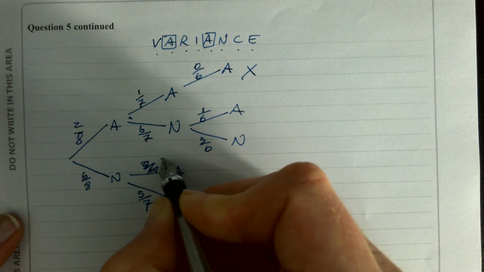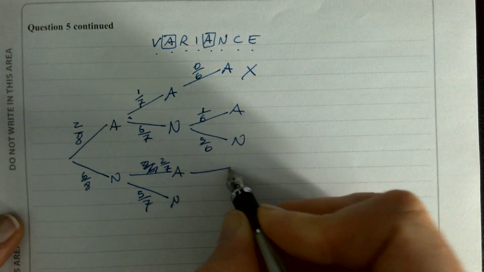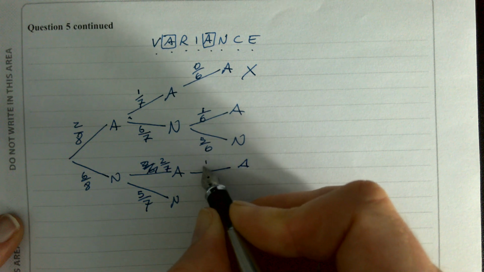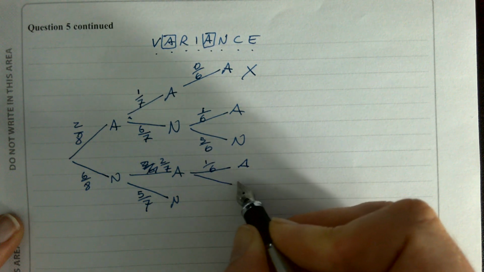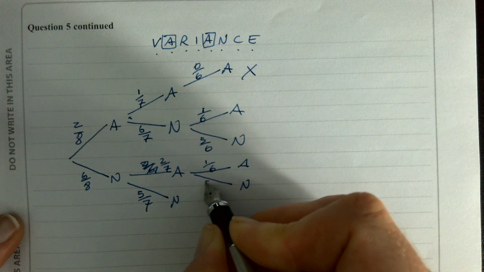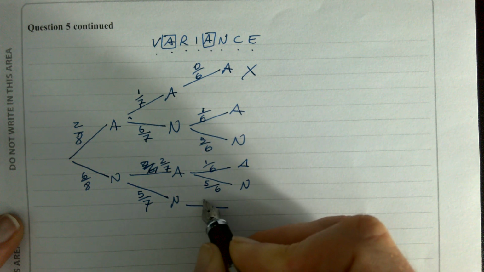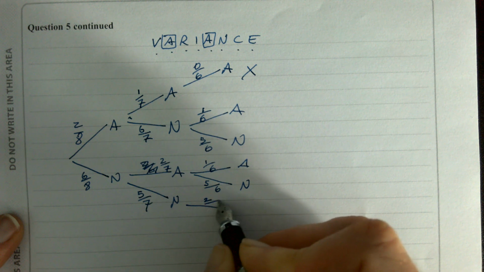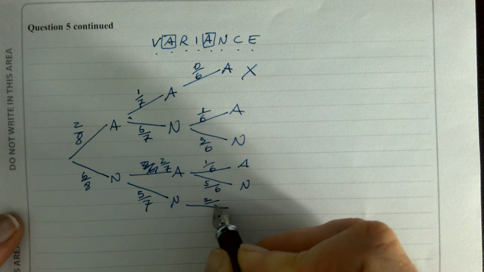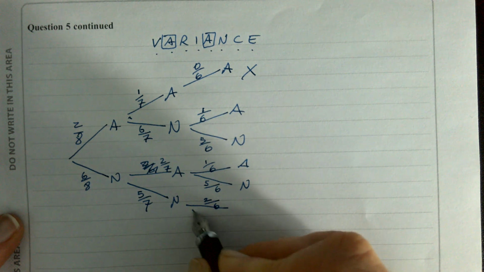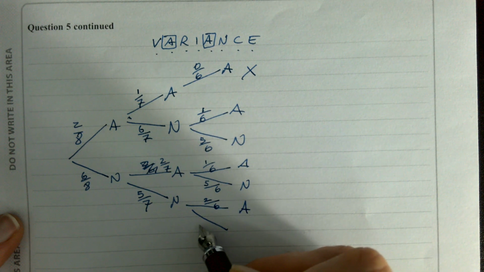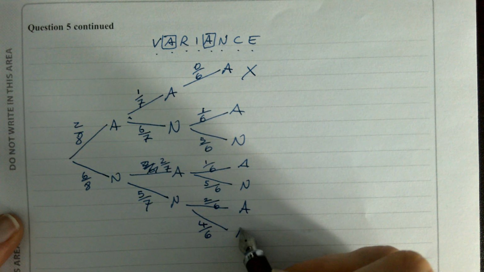I should have said 7, sorry. Okay, then 1 out of the 6 going back there, and 5 out of 6 there. You would have 2 out of 6 there, wouldn't you, for A.